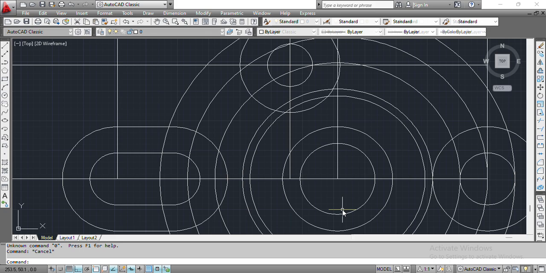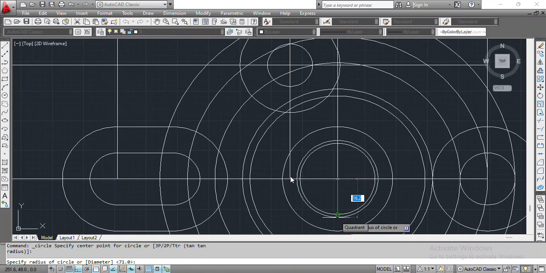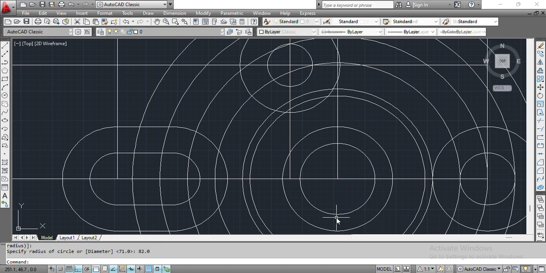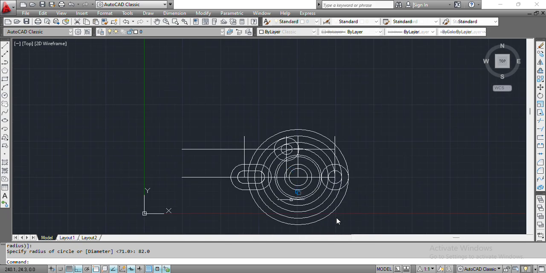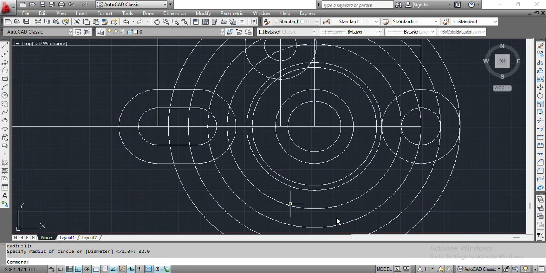Oh, that has not really been done. So let's repeat the last one of radius 82.0. Good. So we have very many circles here.